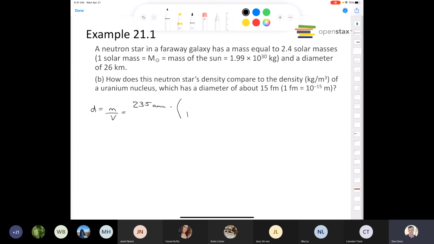Again, one atomic mass unit weighs 1.66 times 10 to the negative 27 kilograms. I went over this in General Chemistry 1. Where do you get one atomic mass unit?